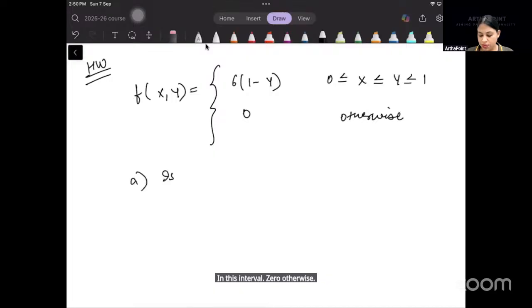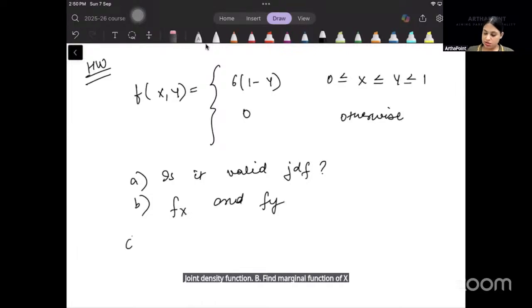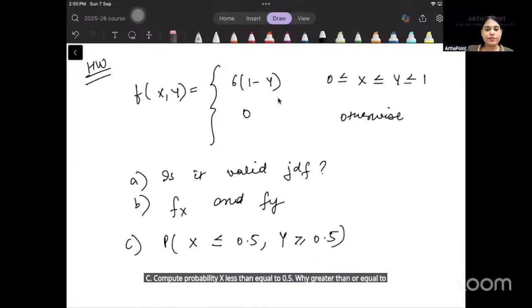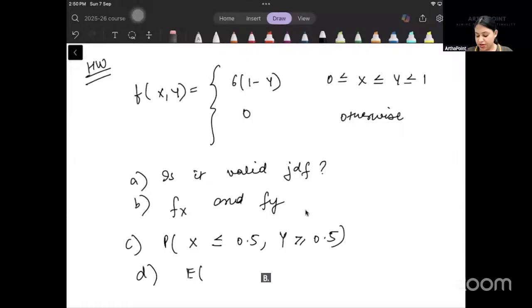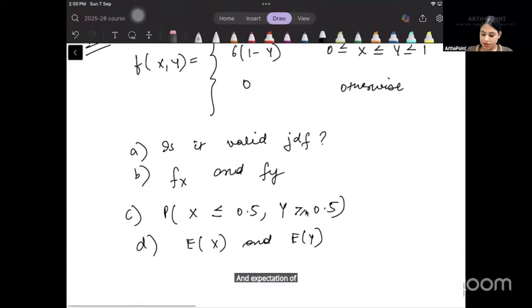A. Is it a valid joint density function? B. Find marginal function of x and y. C. Compute probability x less than equal to 0.5, y greater than equal to 0.5. D. Find expectation of x and expectation of y. E. Check independence.